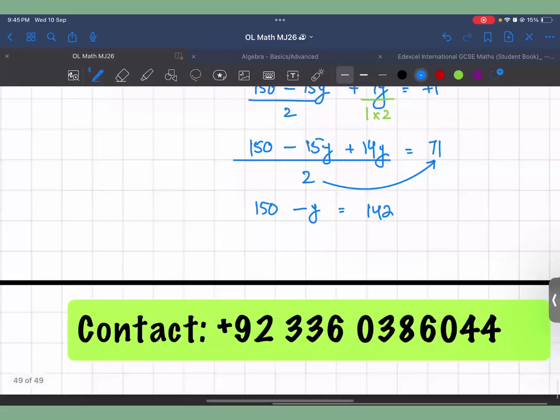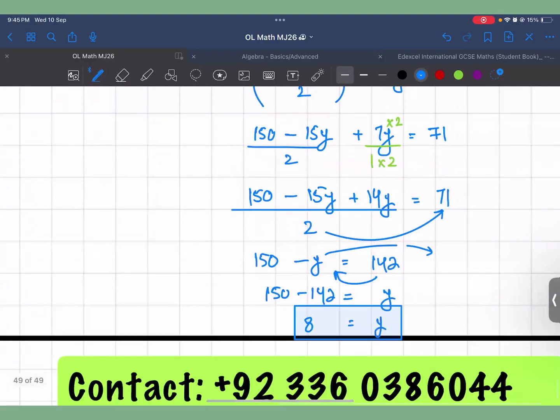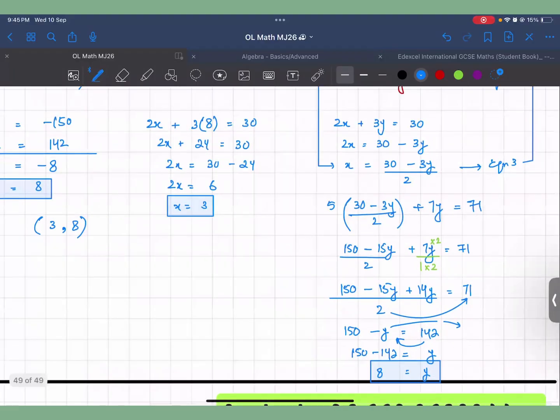And then you can move y over there and 142 here. So y would be 150 minus 142. So y is equal to 8, the same. And then you can input the value of y in the third equation and get the value of x.